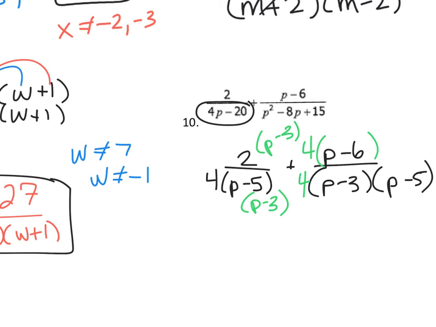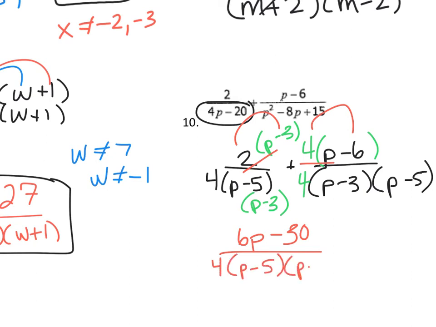So when I figure out the numerator, I'm going to have 2p and 4p. So that's going to give me 6p. And then I'll also have negative 6 and negative 24, so it's going to give me negative 30. And then my denominator will be 4 times p minus 5 times p minus 3.